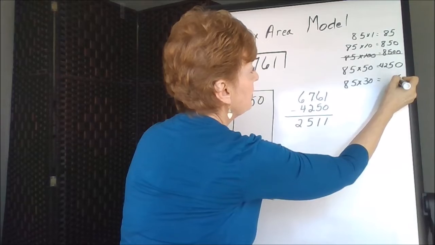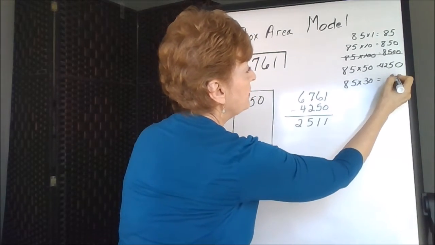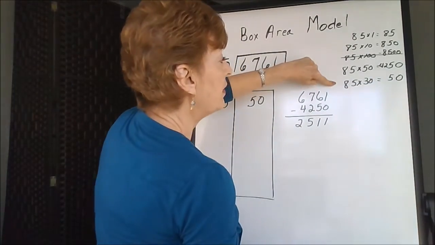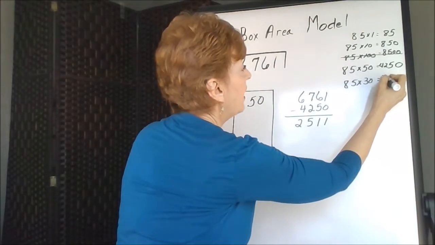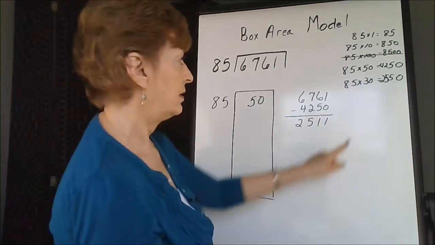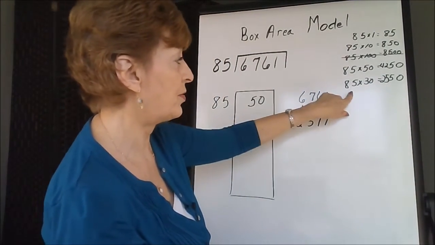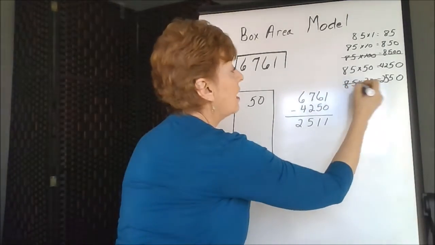Let's give it a 0. 3 times 5 is 15. Carry 1. 3 times 8 is 24, and 1 more is 25. 2550. Oh, we're just slightly too high, so 30 is also going to be out.